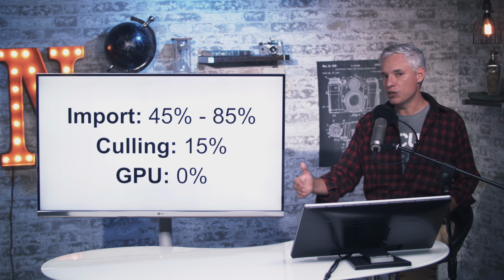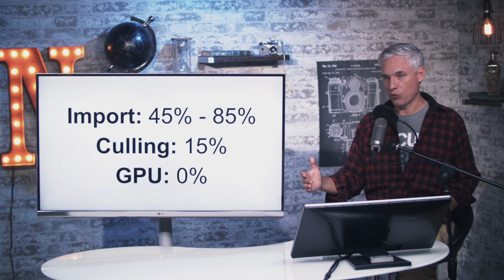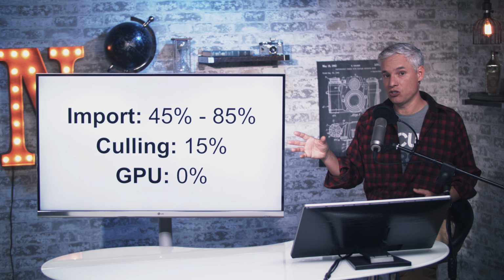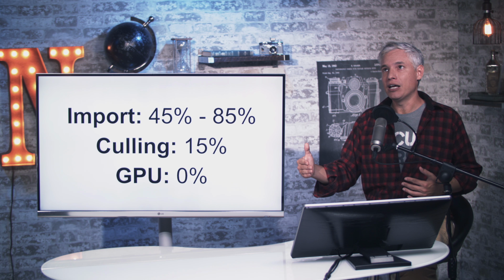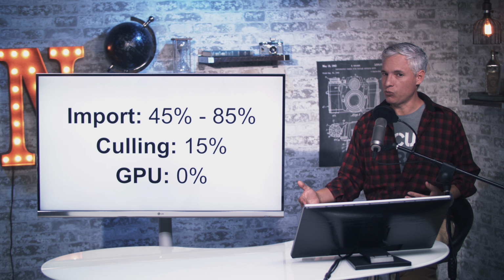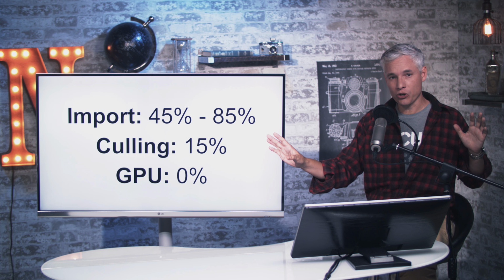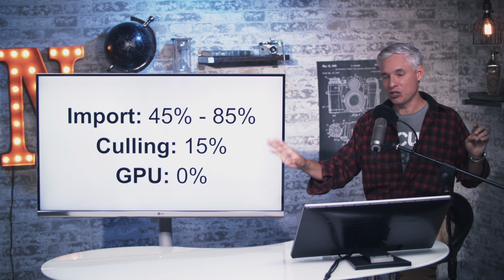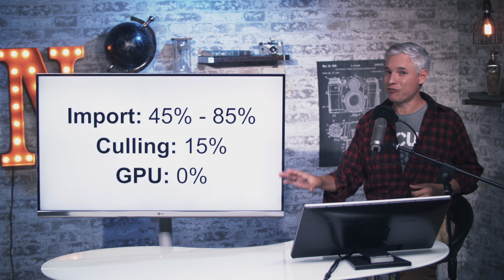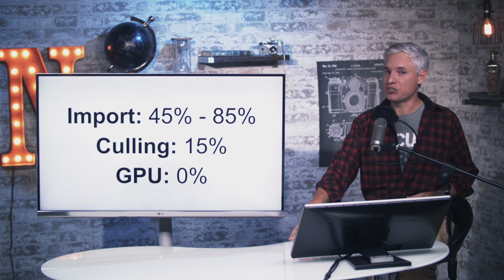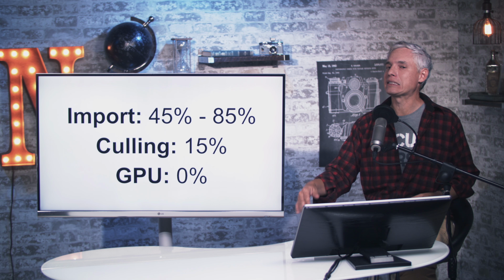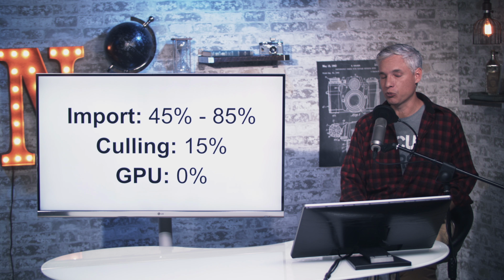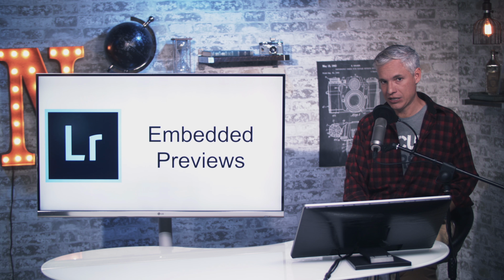So the GPU, I know, will improve your performance if you're making 20 changes with an adjustment brush and then flipping back and forth. It's going to speed that up. It's just that that was never a problem for me before. So this is important to know because Adobe's telling you that the GPU will help performance. I didn't find that it helped that much. Therefore, you can save yourself a few bucks and not buy the newest, greatest graphics card because it's not going to appreciably improve your performance according to our testing.